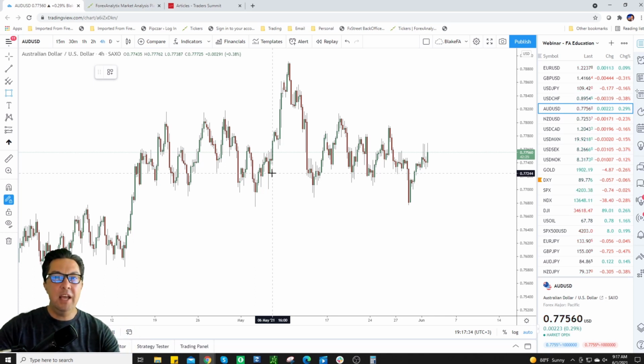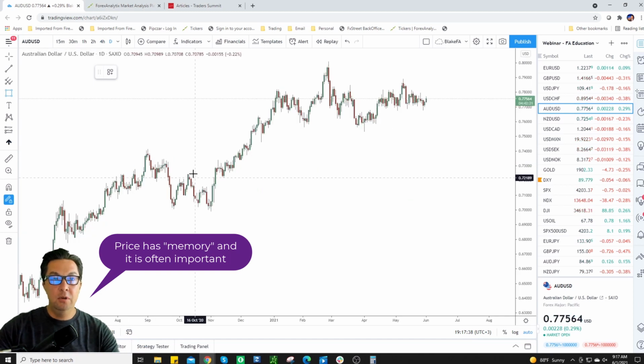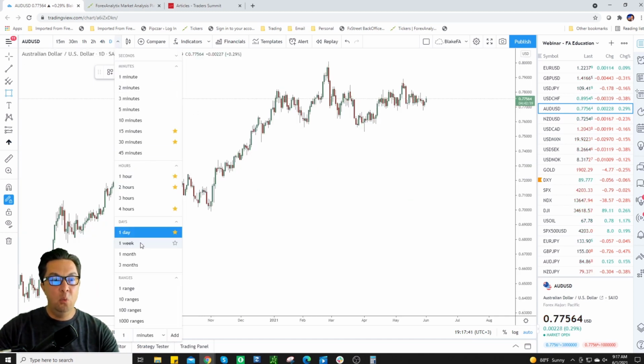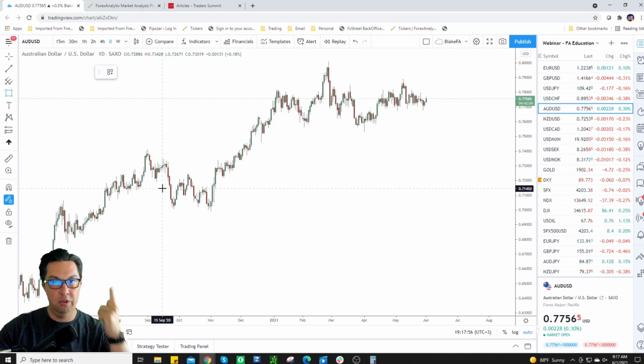I'm going to listen to what they have to say. And when you're looking at a daily chart, or perhaps a weekly chart, or even a monthly chart, you're going to give those support and resistance levels a little bit more respect because they've been around a little longer than the shorter term ones. So I hope that made sense to you. That's a good rule of thumb. Rule of thumb number one.